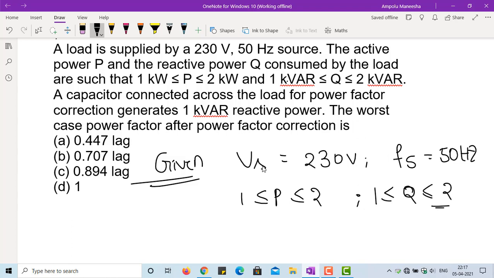And also it is given that a capacitor is connected and it is supplying Q of 1 kVAr.